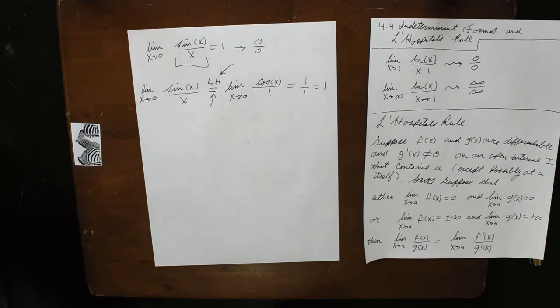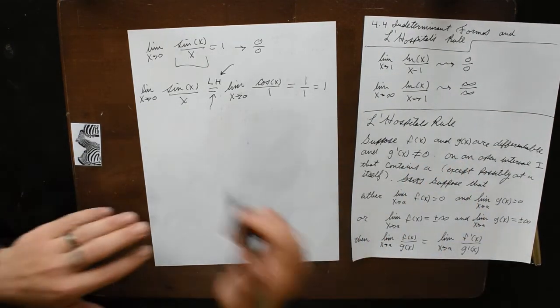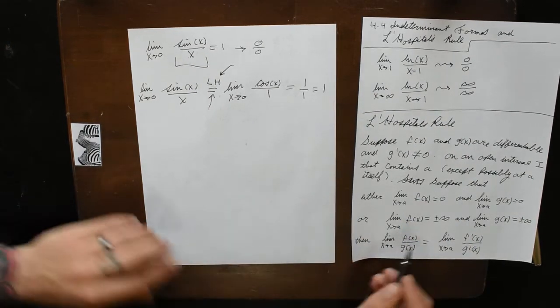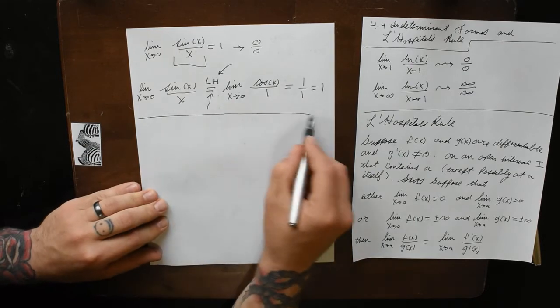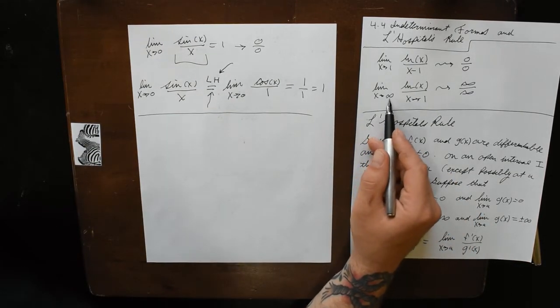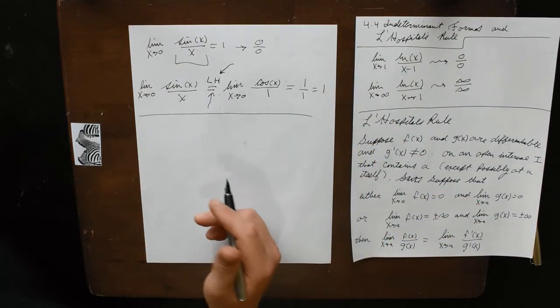So, not immediately obvious from the statement of L'Hopital's rule, and I don't know why the book didn't include it as a footnote, but instead of going strictly to a, we can also take one-sided limits as we go out to infinity. Like over here, a one-sided limit as we go out to positive infinity, or a one-sided limit as we go off to negative infinity.